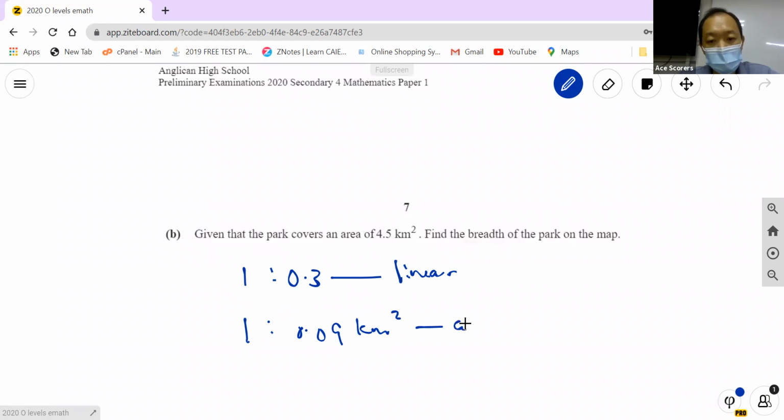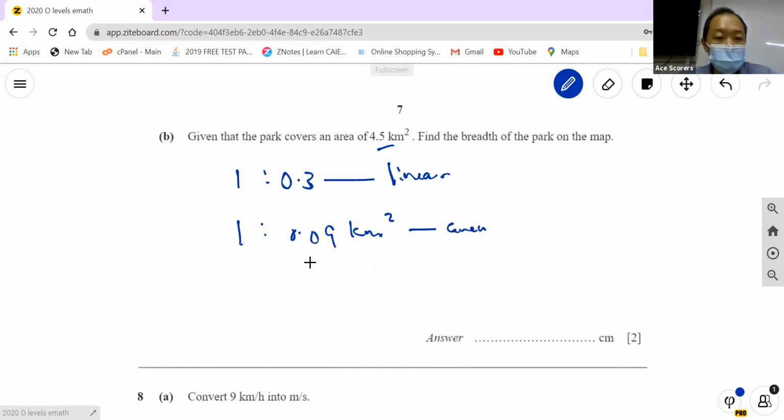So this is the area scale. And we are told the actual is 4.5 km squared here. What will it be? This divided by this times this. So 4.5 divided by 0.09, we get 50. Okay. So the area is 50 cm squared.